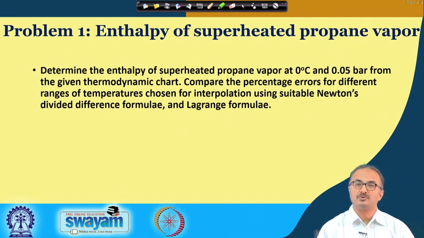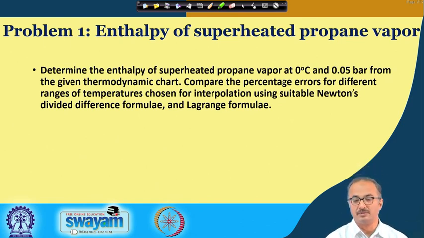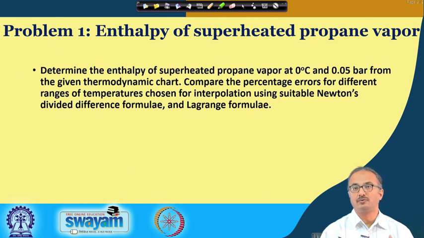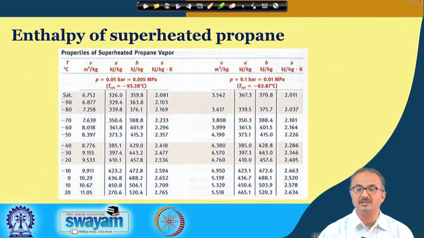But many times we also find that whenever some of the property values are given in a very sparse way, in those cases we have to be very careful to figure out whether we can go for linear or we have to go for some kind of non-linear interpolation methods. Okay. Now, with this in mind, first let us see that we are given this kind of data to us.